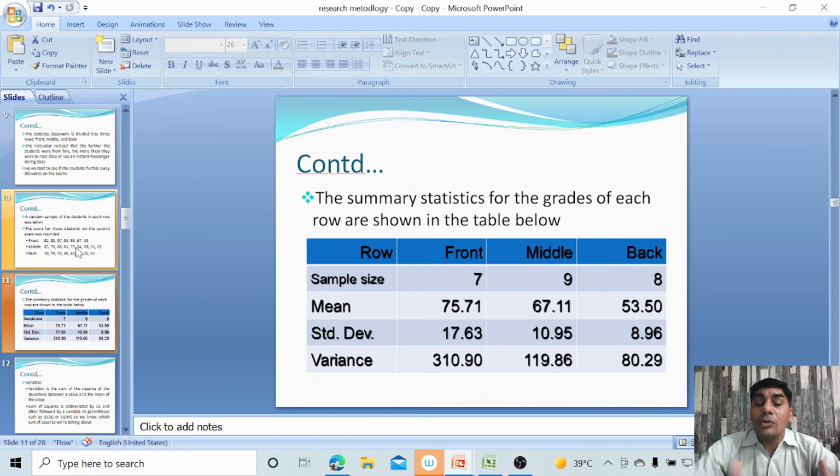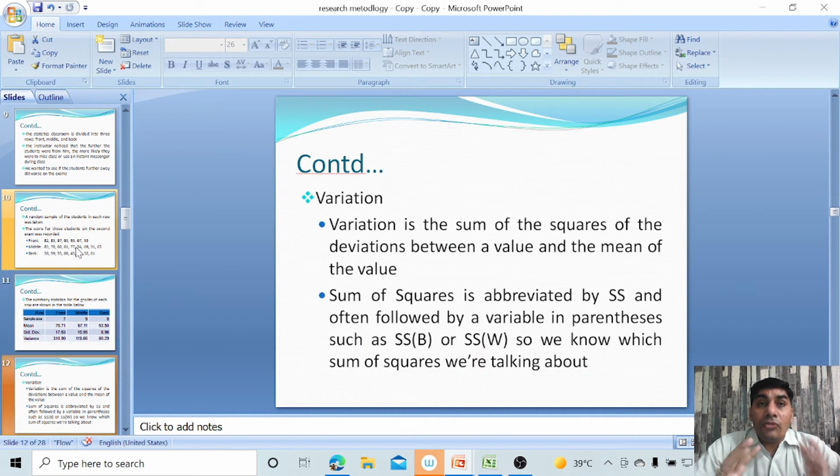Standard deviation for the first row is 17.63, middle row is 10.95, and back row is 8.96. Variance of the first row is 310.90, middle row is 119.86, and back row is 80.29.